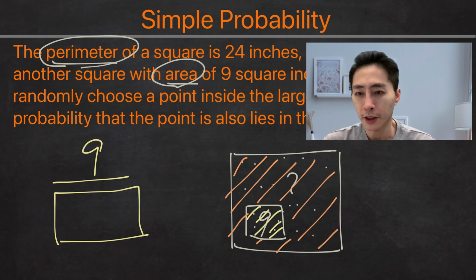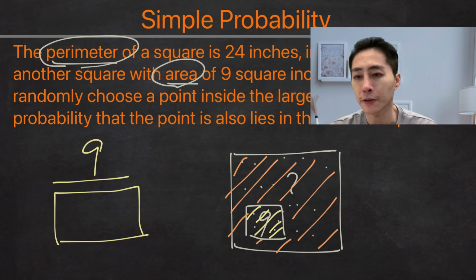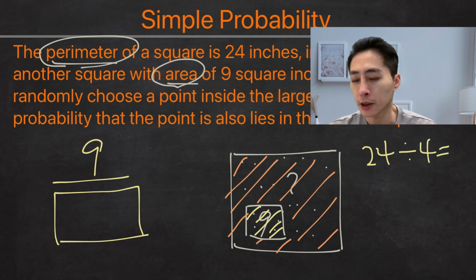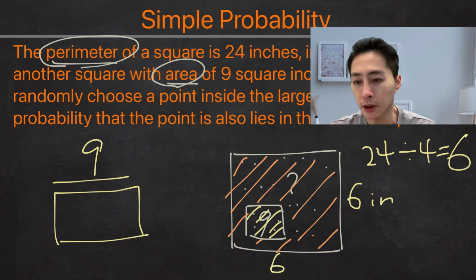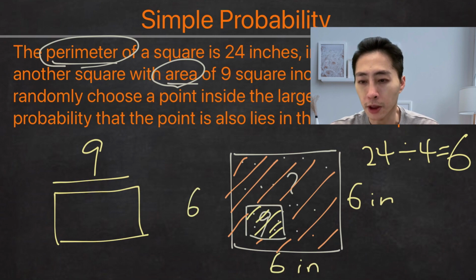Okay, so how do we find that? We know the perimeter is 24, and in a square, all 4 sides are the same, and we need to first figure out the length of each side. So we can take 24 divided by 4, as there are 4 sides, and 24 divided by 4 is 6. So right off the bat, we know this is 6 inches here, all the way around.